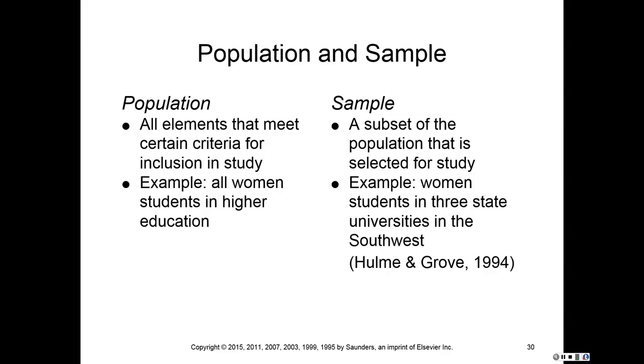Now, we might not be able to survey all the women students in higher education, but we could take a sample, a portion of that population, a subset of the population that is selected for study. For example, women students in 3 state universities in the Southwest.